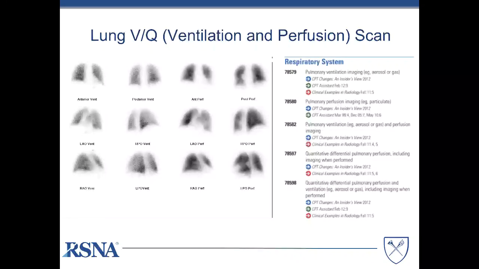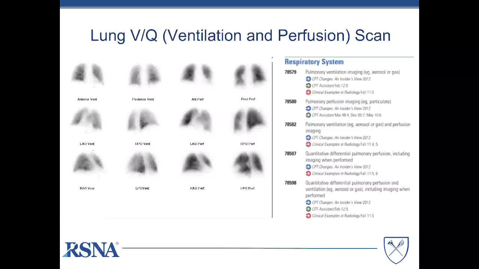Similar to the bone scan and PET-CT examples we have just seen, lung ventilation and perfusion, or VQ scans, have specific codes based on exactly what test or tests were performed.